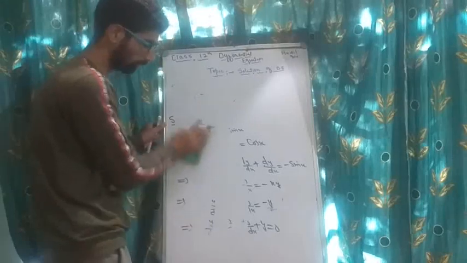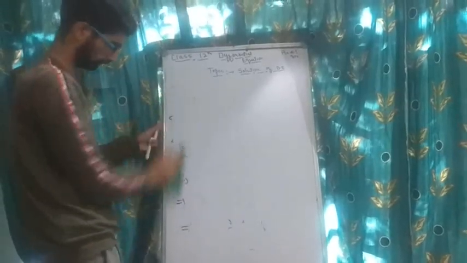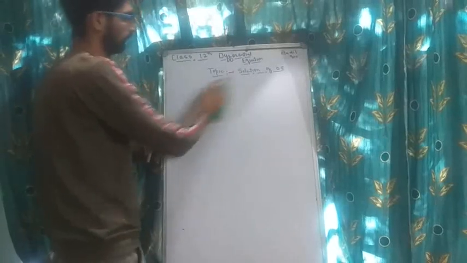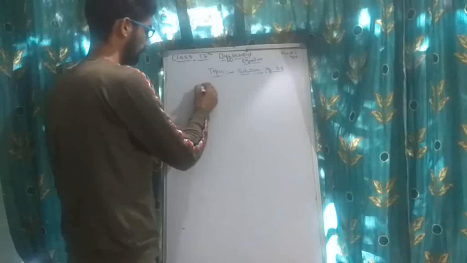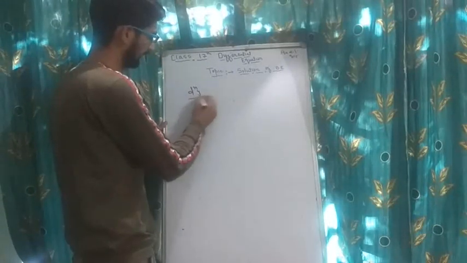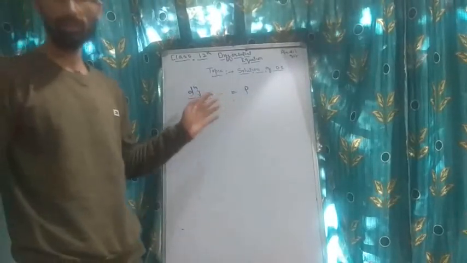Now we will go for another definition. If we have a general differential equation of order n, d n y by dx n plus so on equals something p, this is our differential equation of order n.